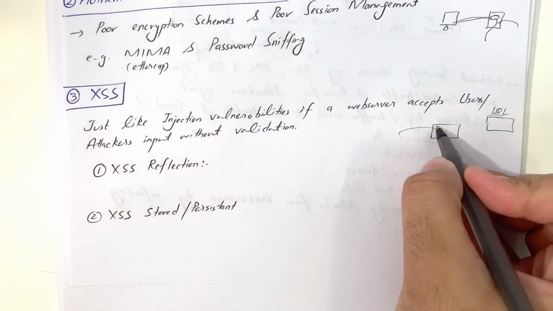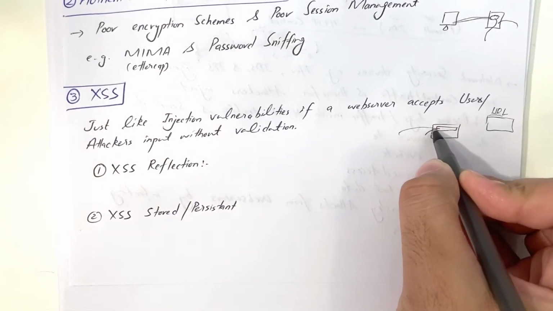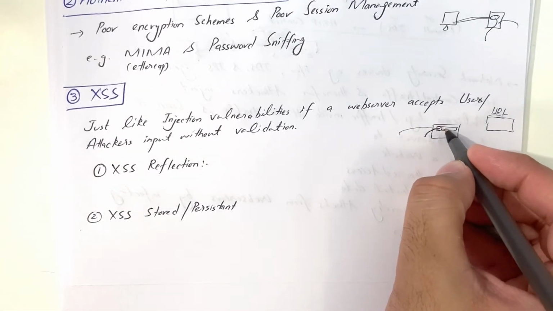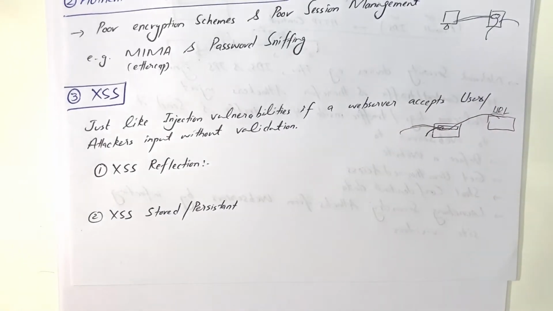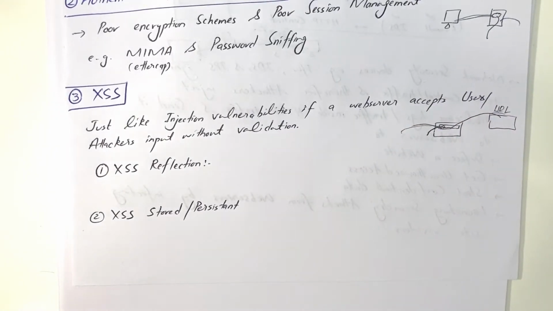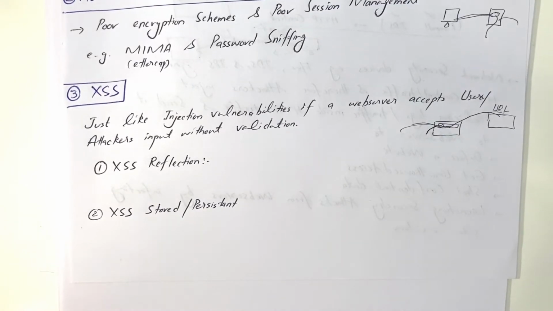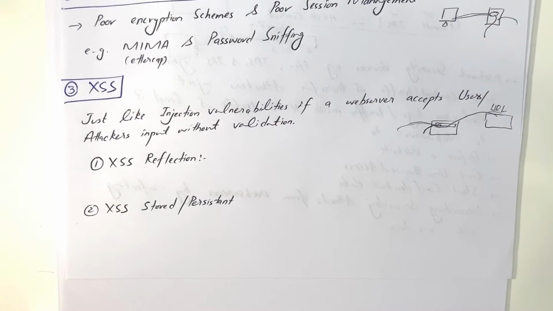So the attacker will post a comment with an underlying malicious script. Like this might be a script. If anybody clicks that link, it will redirect the user to a fraudulent website. Or for example, if anybody clicks that, there might be a virus which can be delivered to the victim's computer. So this is called cross-site scripting reflection, which reflects on the same session, like for the same user.